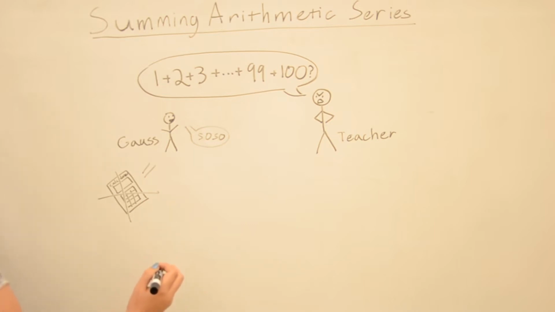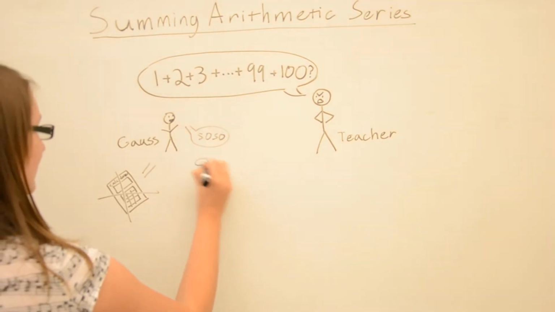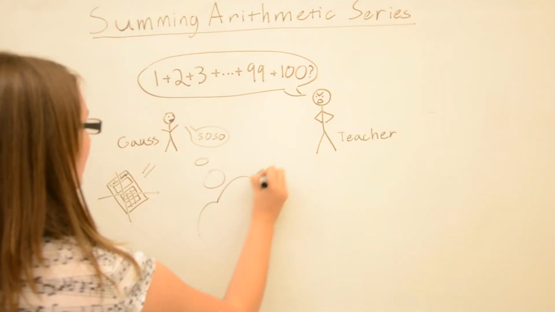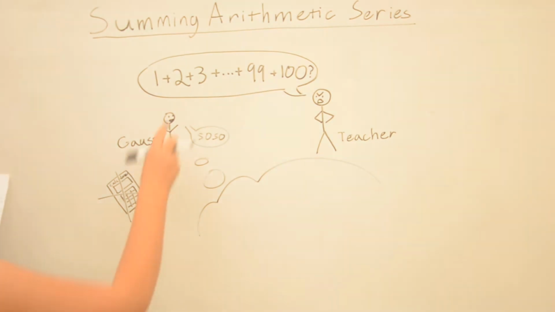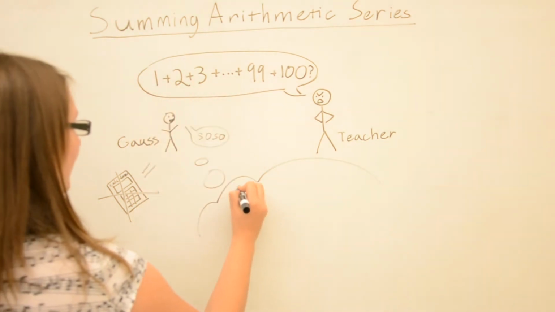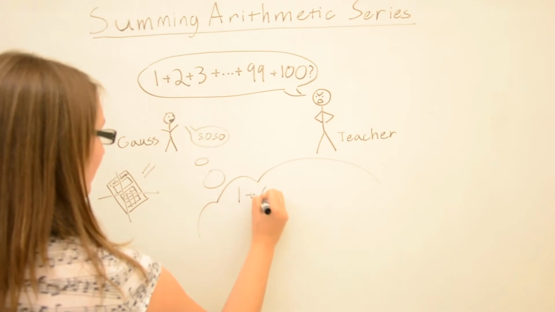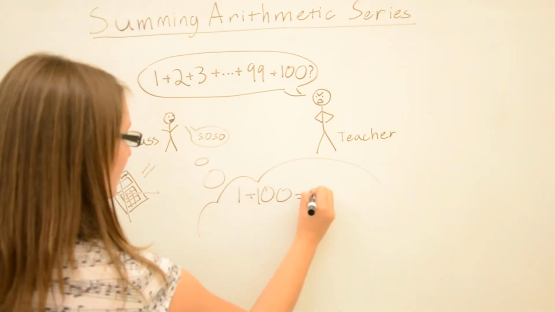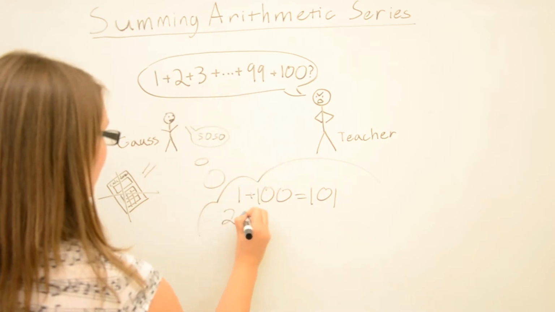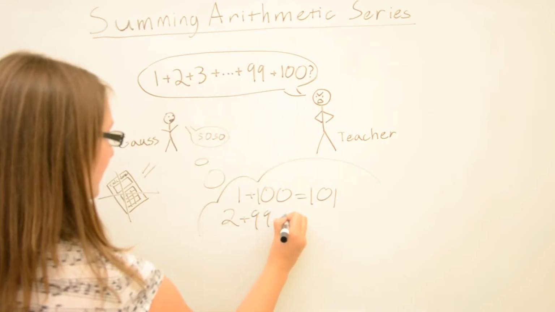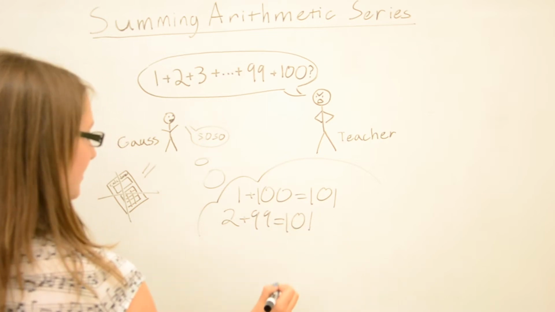In this case, what Gauss noticed was that certain parts of the sum were equal. Like, take 1 plus 100. That's 101. Take 2 plus 99. That's 101 again.